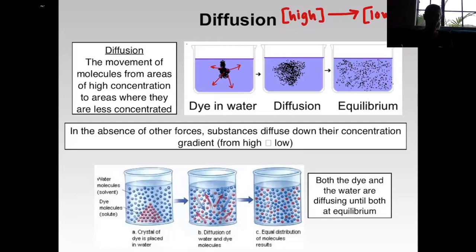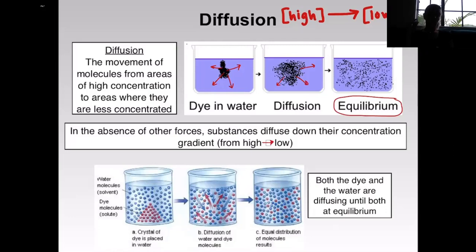It will be diffusing outward until it reaches a state of equilibrium, where there's about the same concentration of dye dispersed throughout the water. In the absence of other forces, substances will always diffuse down their concentration gradient, going from an area of high concentration to an area of low concentration.